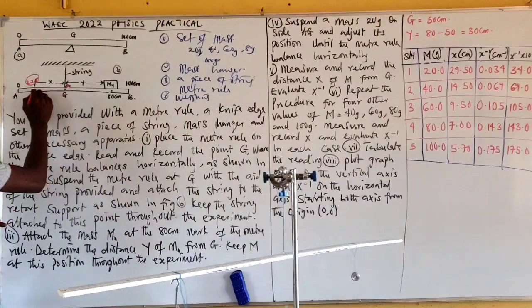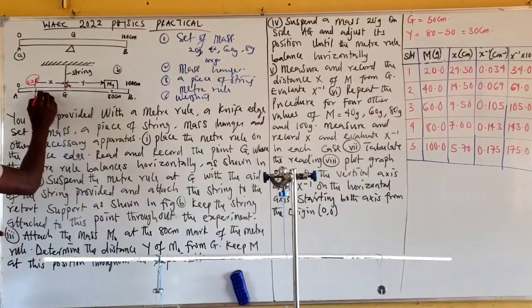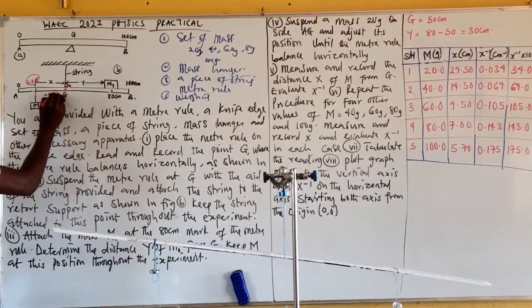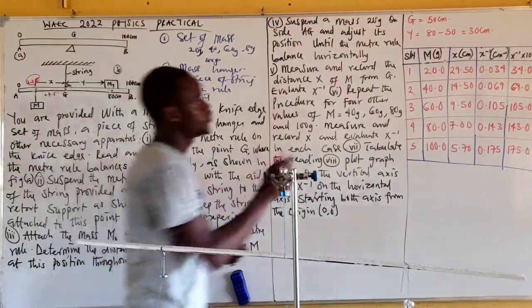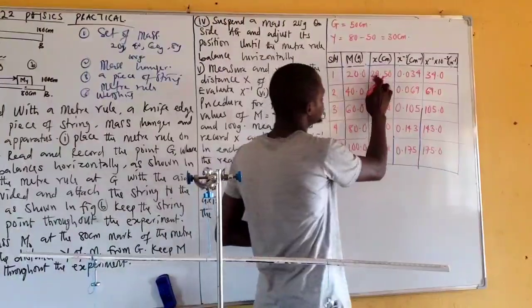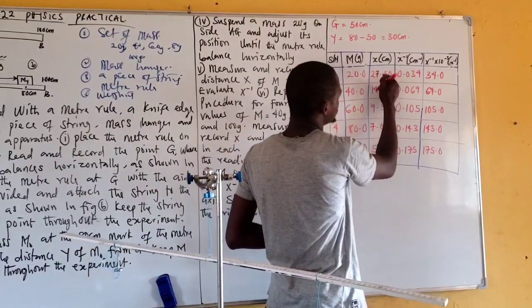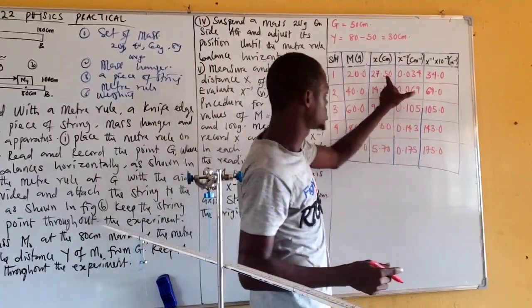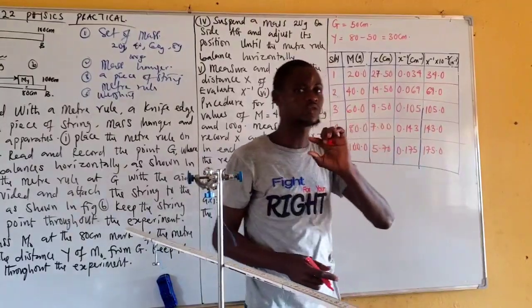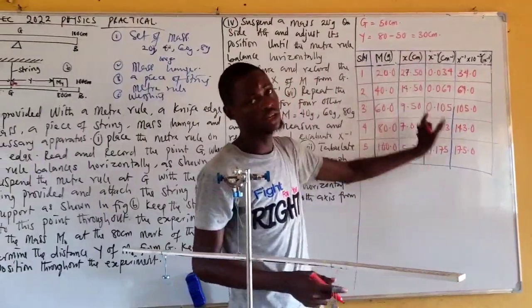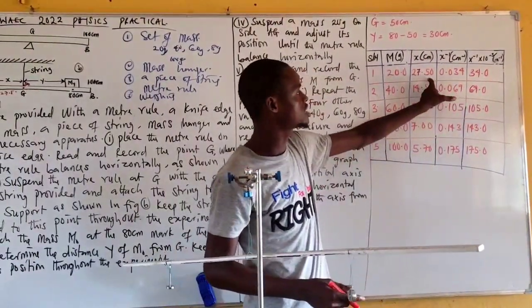That means my distance S is 27.5 centimeter for mass 20 gram. And don't forget, if you want to tabulate your reading, I'm coming back to explaining this. Now, we have 27.5 centimeter.